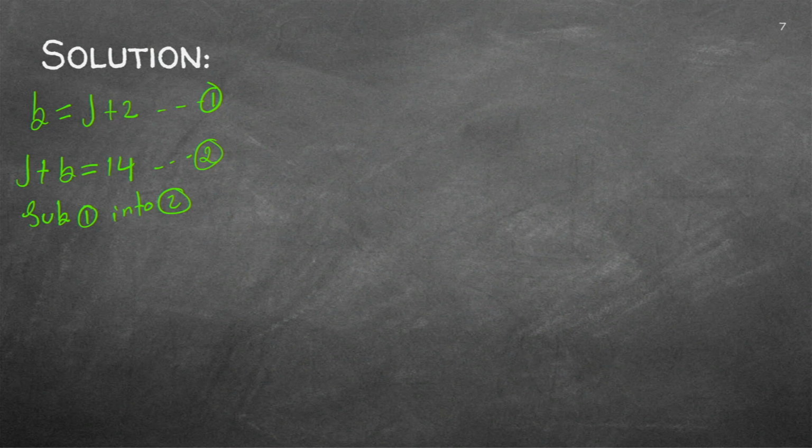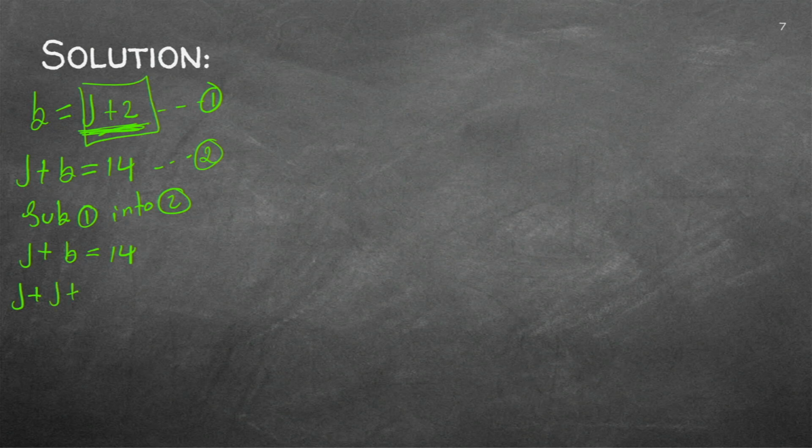So this means you have, let's just write equation number 2. So this is J plus B, it must give you 14. And equation number 1 says in the space of B, you can just say J plus 2. Sorry, don't write B anymore. So we're just going to write J plus 2.